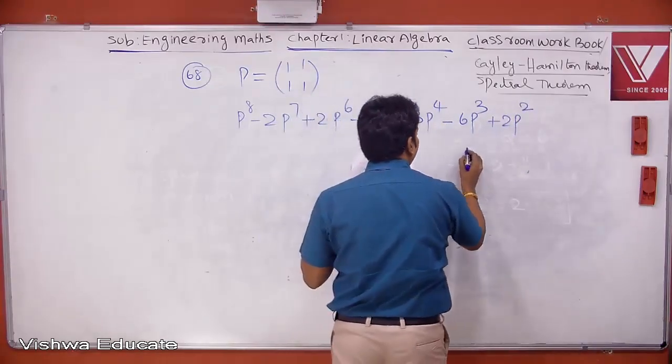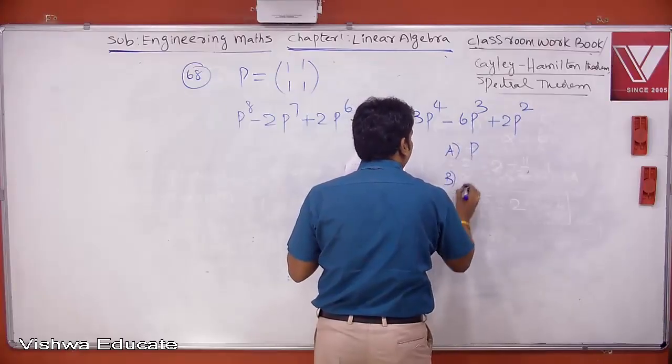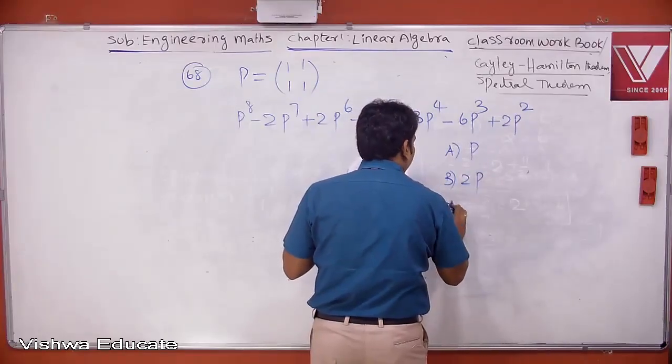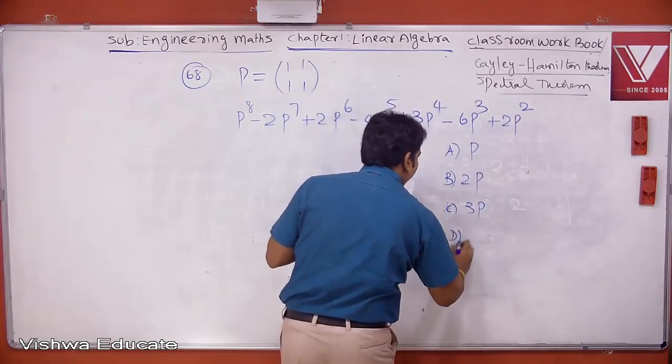Let me write out the options. First option is P, second option 2P, third option 3P, fourth option is 4P.